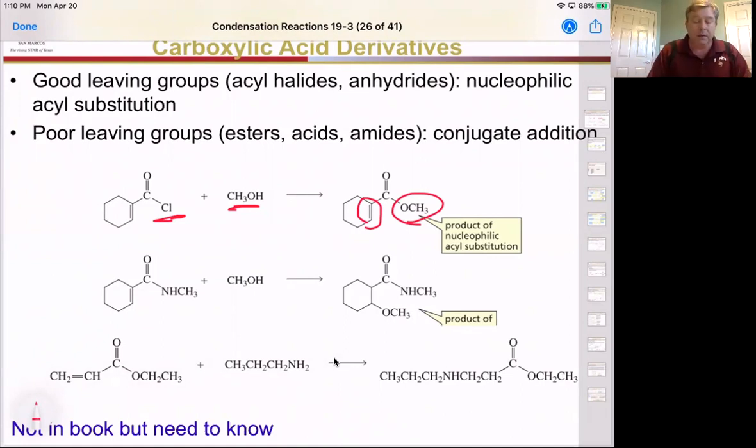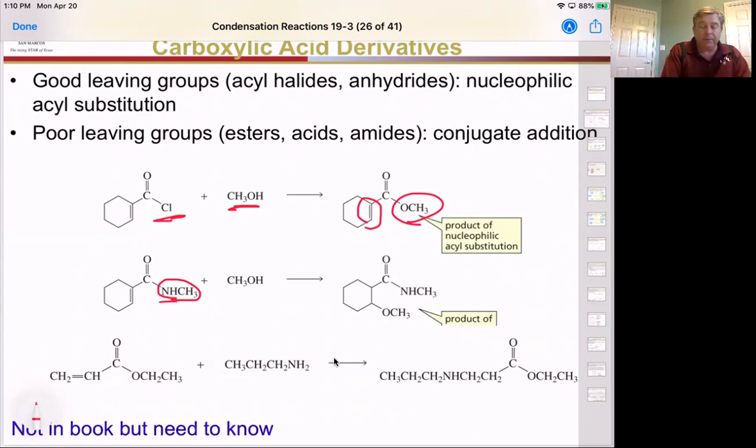Notice if we have any other group here, like an amide, an ester, or actually a carboxylic acid where hydroxide is your leaving group, you do not get substitution at the carbonyl. You end up getting addition on the double bond, and that's going to be that 1,2 addition we saw before.